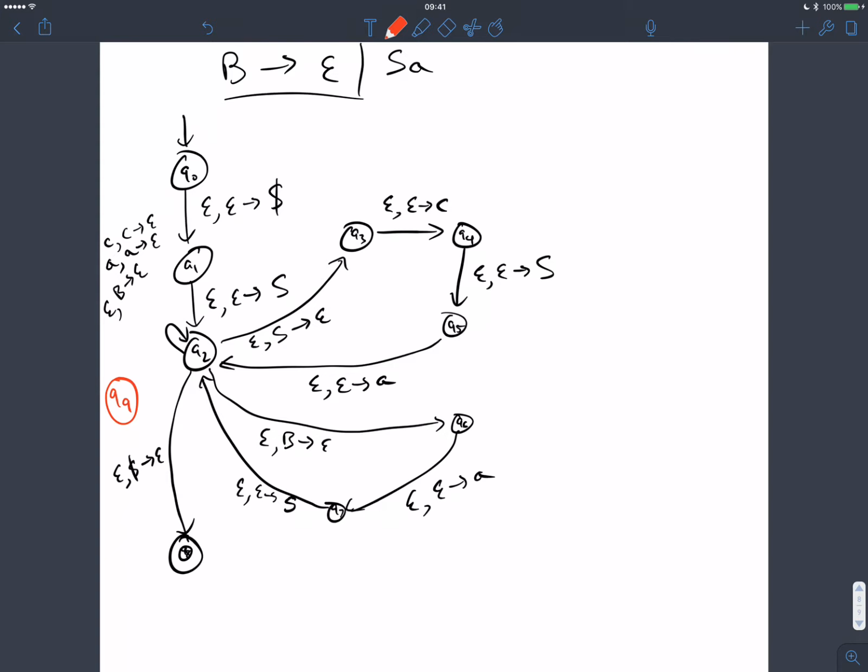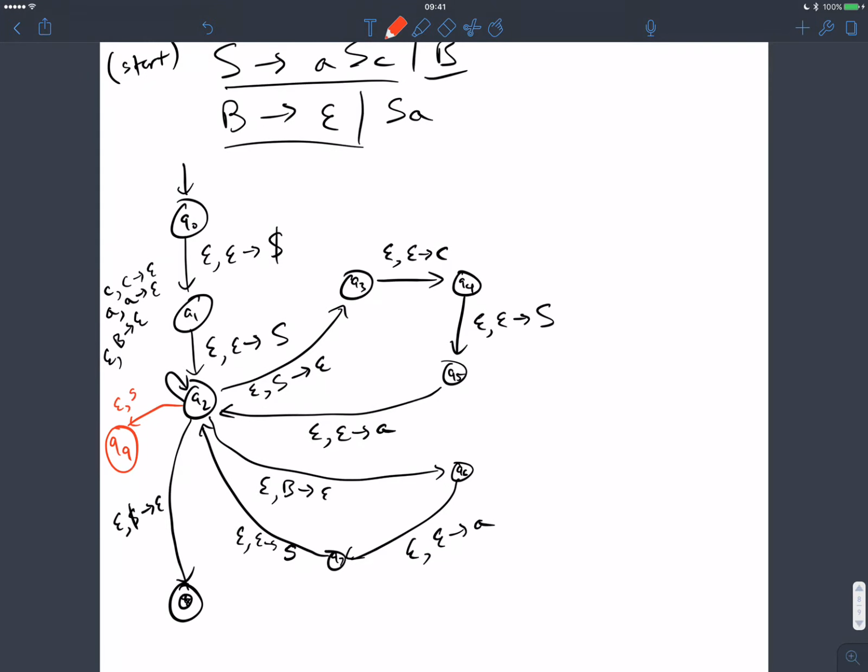Then you come out on epsilon, which one was that? It was S, so we pop S off, and then come back on epsilon, B. So every transition now does exactly one of push or pop.